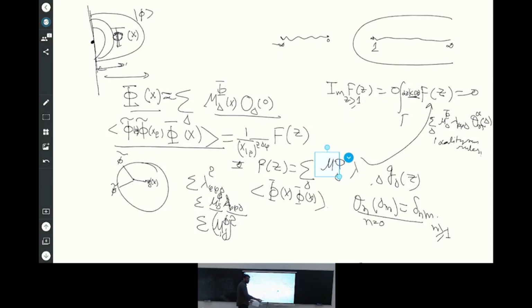Now this also depends on a cross ratio, but what equation do you derive out of this? For a general operator, how do you derive any equation that will constrain some data?